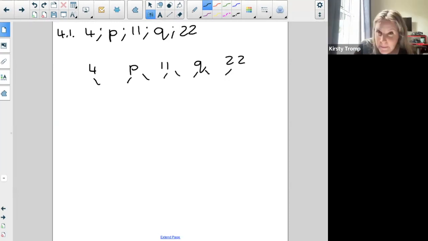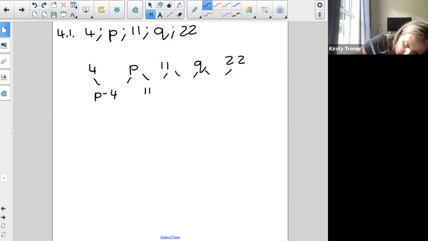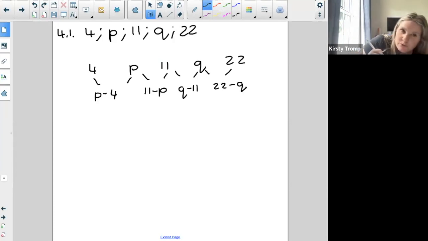In my first line of differences, I'm going to have P minus 4 to get that first difference. Then 11 minus P. Then Q minus 11. And 22 minus Q.